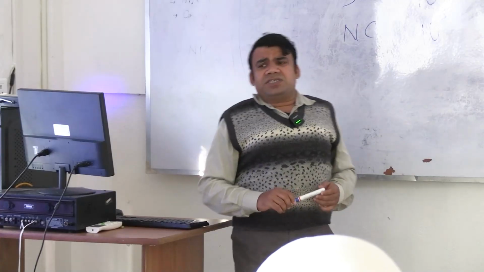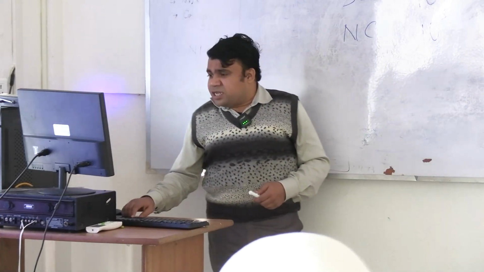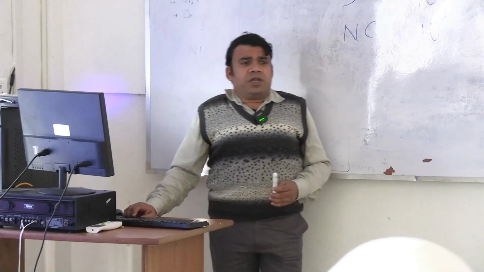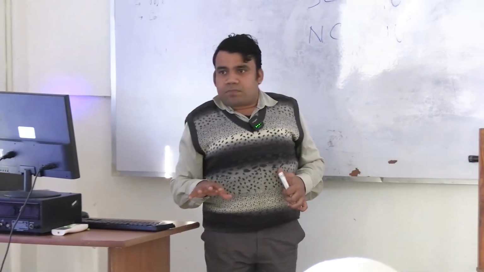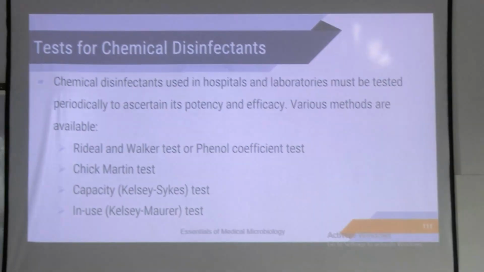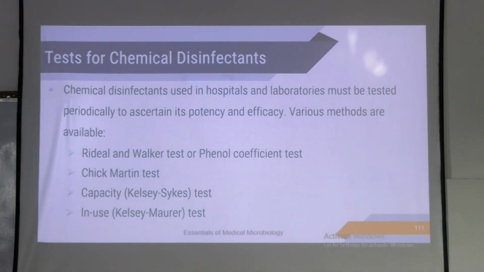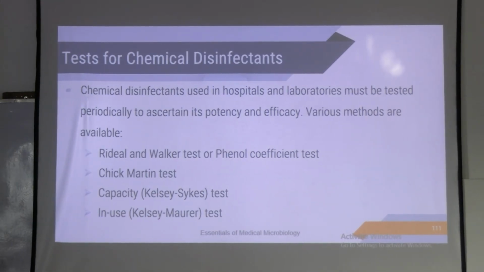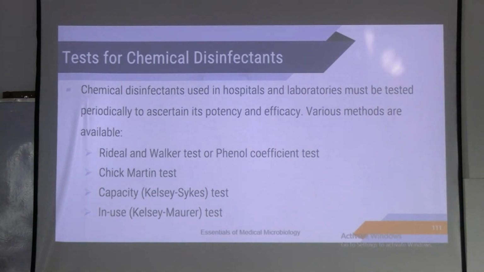Methods to test the efficacy of sterilant or disinfectant. Whenever we are using any chemicals, we must have some method to test whether the chemicals are actually working or not. It may happen that we are using a chemical for a prolonged period of time, but actually the chemical is not working.